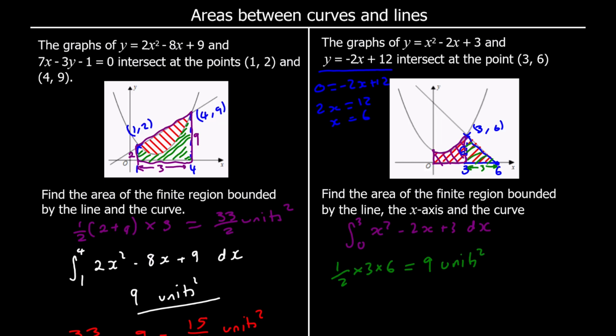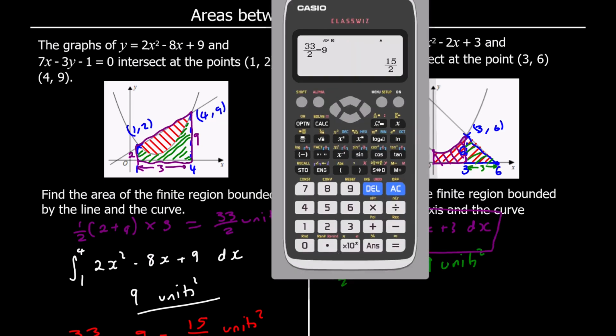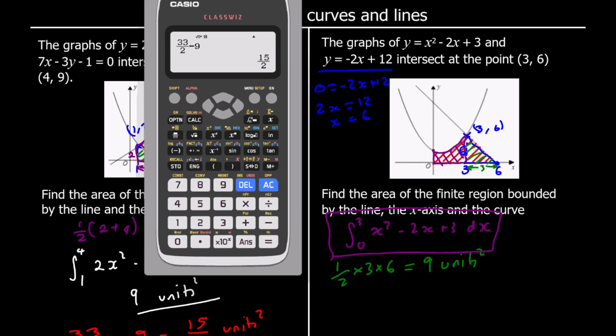So we do 9 plus our integral between 0 and 3. It's a good idea to do these without using the calculator. So add 1 to the power, divide by the new power, and then substitute in 3, substitute in 0, and take them away.